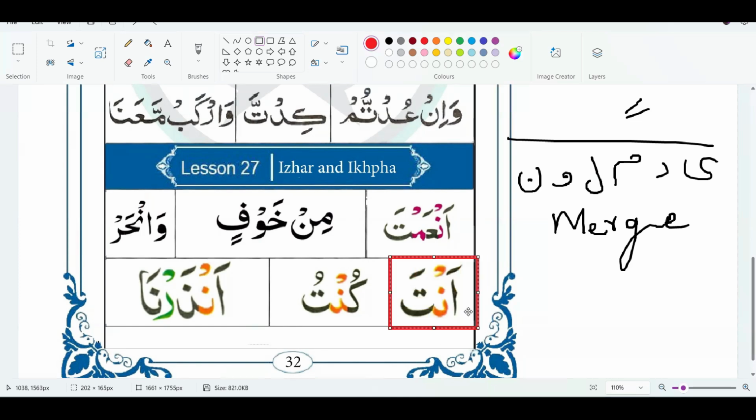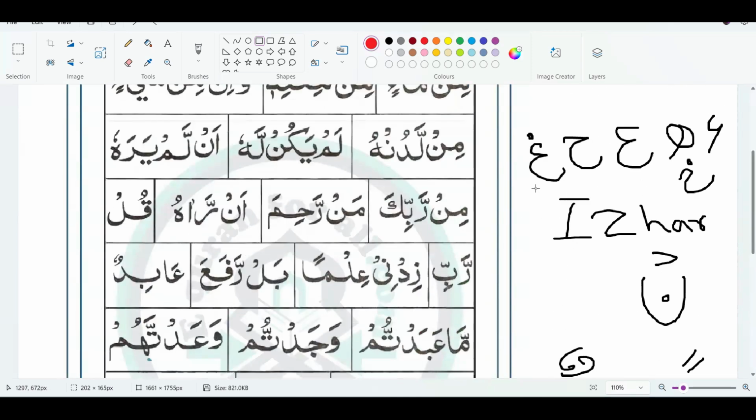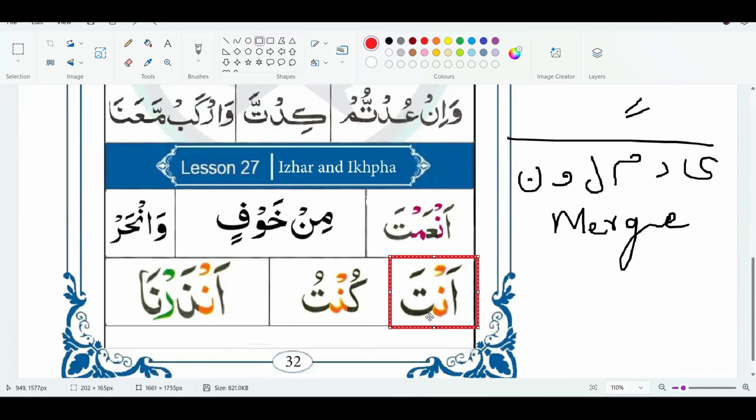Here we have Noon Sakin, and after that we have Ta, right? Ta is not included in Yarmalun, and Ta is not included in any Izhar letter, any throat letter. So that's why we will call this Ta one of the Ikhfa letters. And now what do we do? We do Gunna, like we hide our voice in our nose.